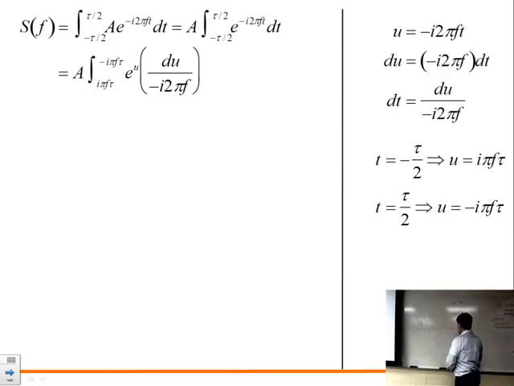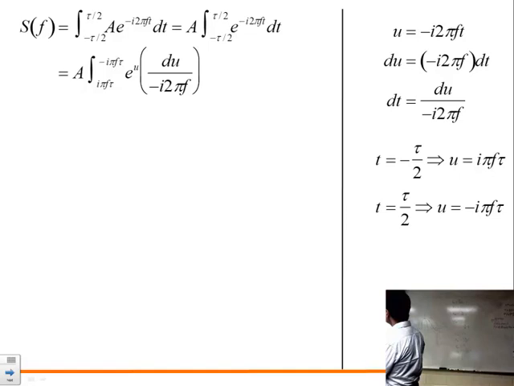Those are both pure imaginaries, so I'm going down this way. That's the path we're taking in the complex plane. And then I get an e to the u out of here just by substituting.